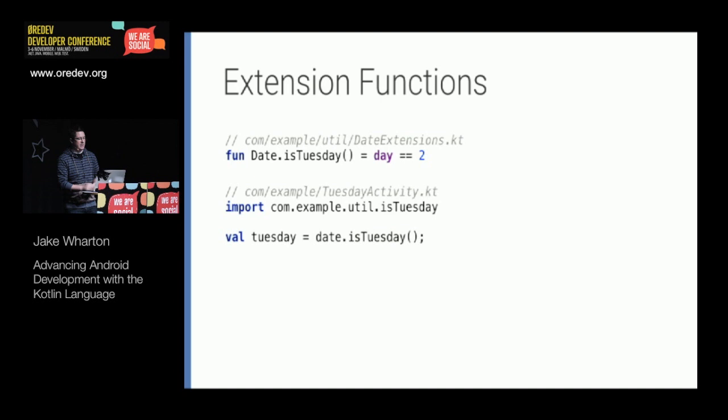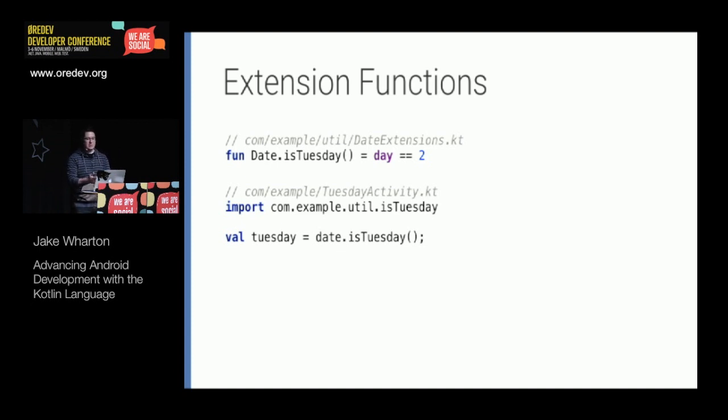So here we would have to be very explicit about where this extension function is coming from, and this is very similar to how Java already works with its static method imports. We have to be very explicit about the method that we're calling, and this allows it to be unambiguous about the source of that method.